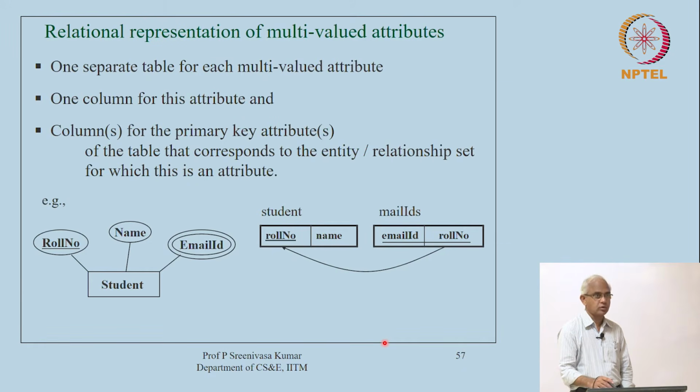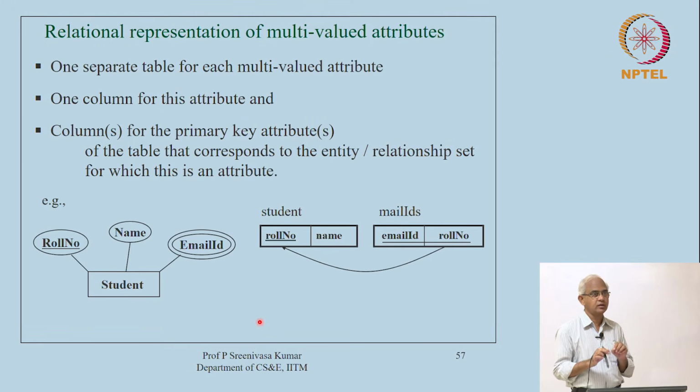Now, let us talk about multi-valued attributes. Multi-valued attributes actually give rise to a special kind of situation. Recall that in the relational data model, I have been emphasizing that a cell of a table in a particular row contains only atomic values.